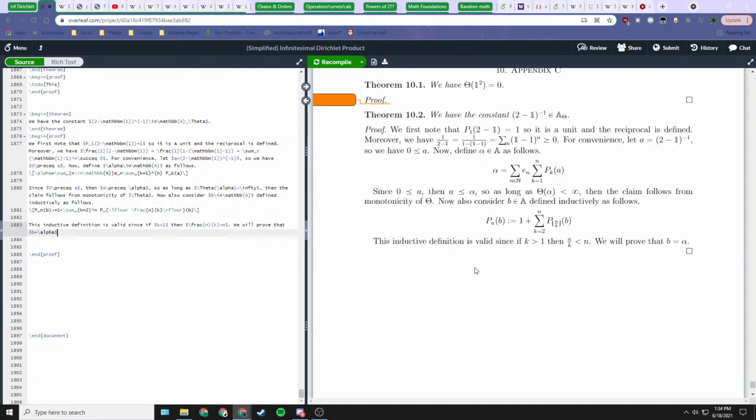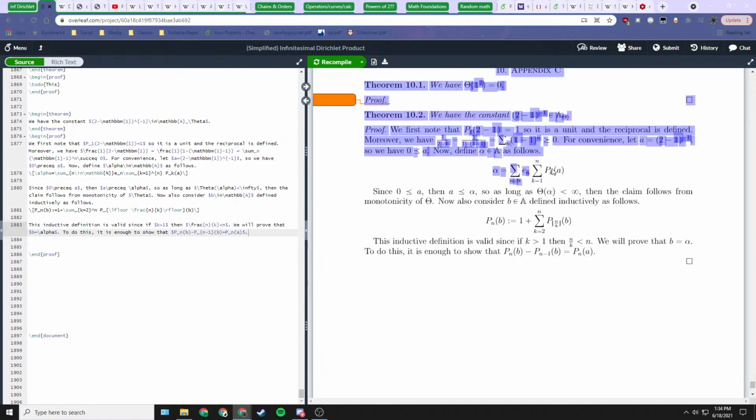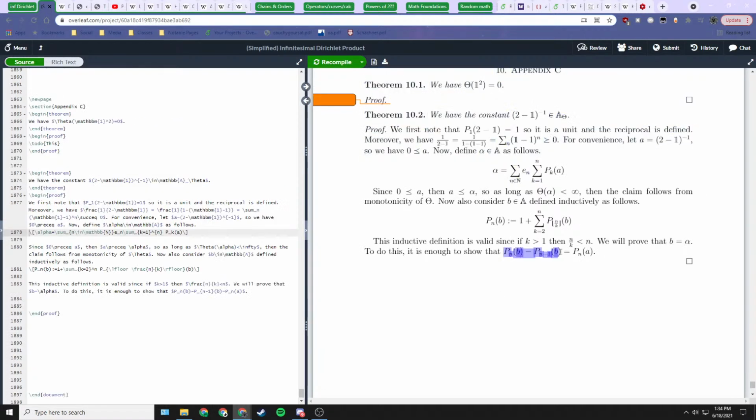so to do this, it is enough to show that p sub n of b minus p sub n minus 1 of b equals p sub n of a. So since alpha is we're just summing up all the lower indices, this property is satisfied by alpha.